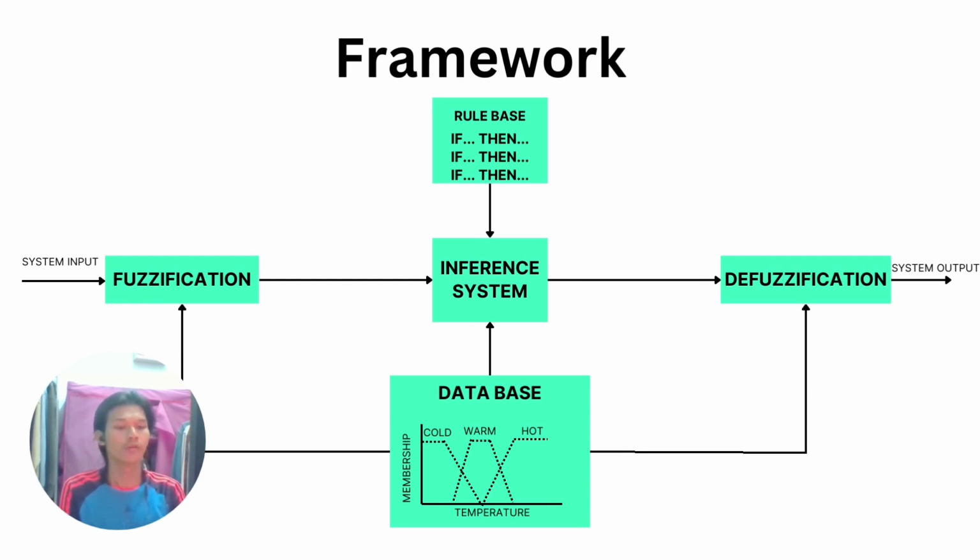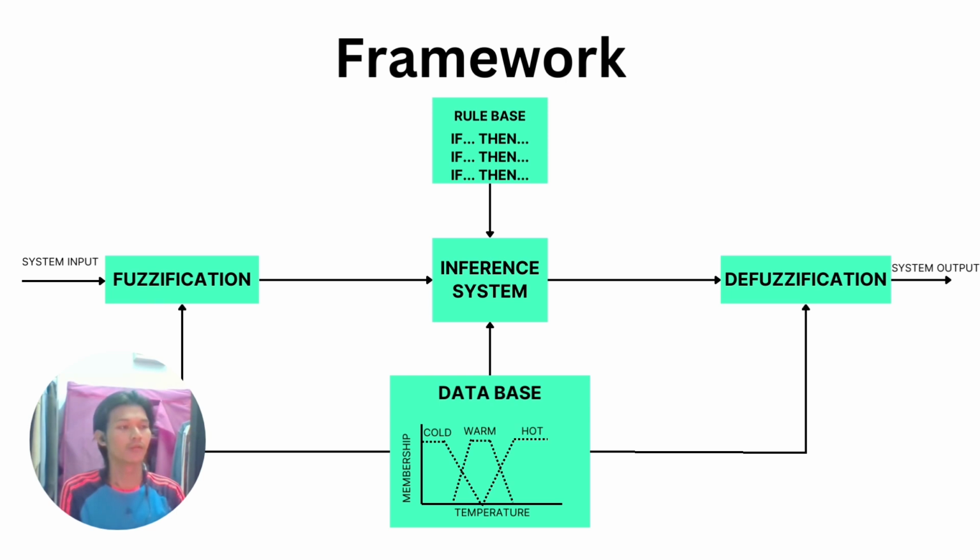So, our framework for the warm water plant controller: the first one is fuzzification, which comes from input from the users, such as the workers and the computers, and goes directly to the inference system, which is the system that makes the decision. Connected to the inference system is the database, which holds data from our previous models containing cold, warm, or hot water temperature.